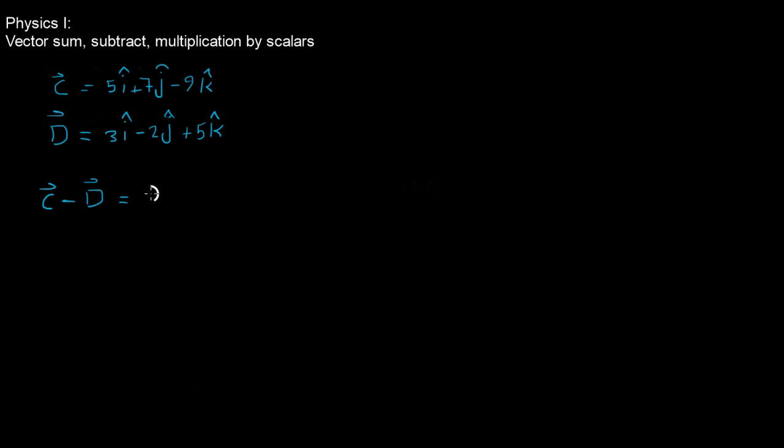So it's 5 here minus 3 i hat, 7 here minus 2 j hat, and minus 9 minus plus 5 k hat.